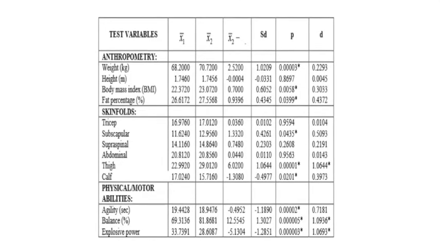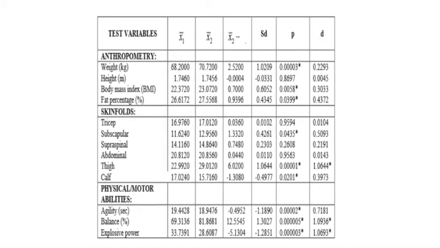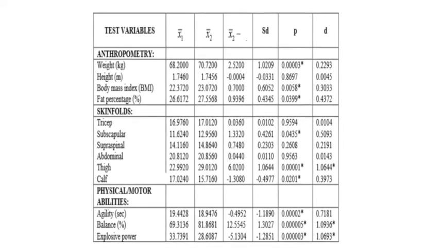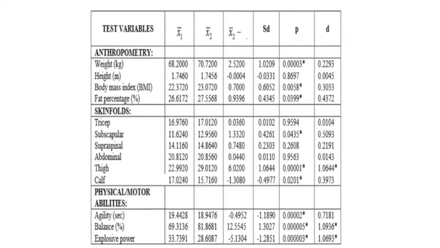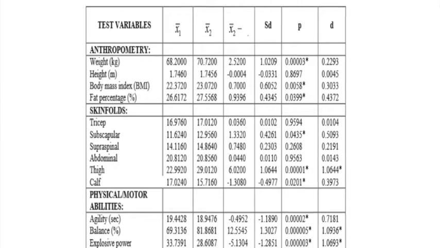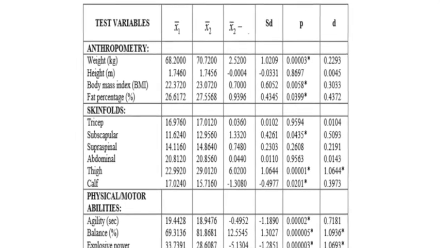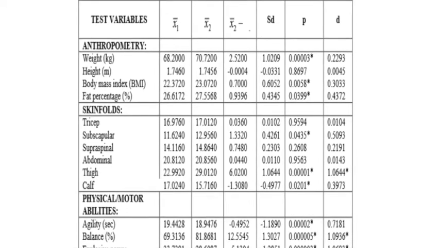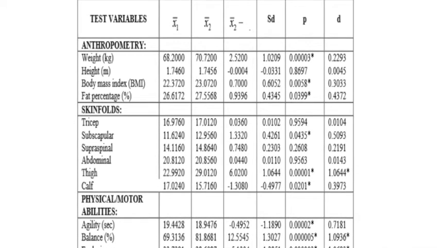Some of the test variables from an anthropometrical point of view are the weight, the height, the body mass and the fat percentages. We can also look at the skin folds of the tricep, the subscapular, the abdomen, the thigh and the calf. Physical motor abilities are also the agility, the balance and the explosive power.